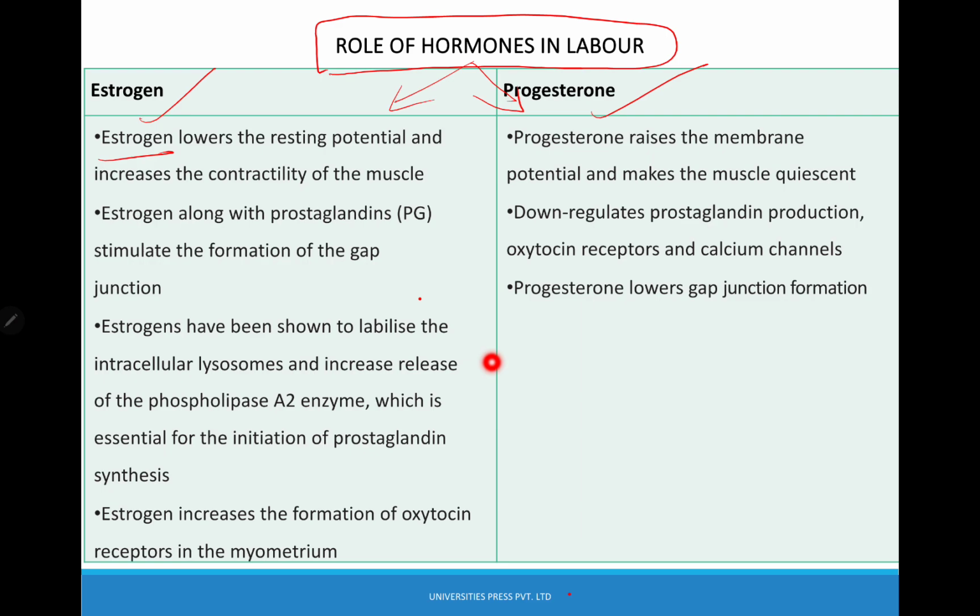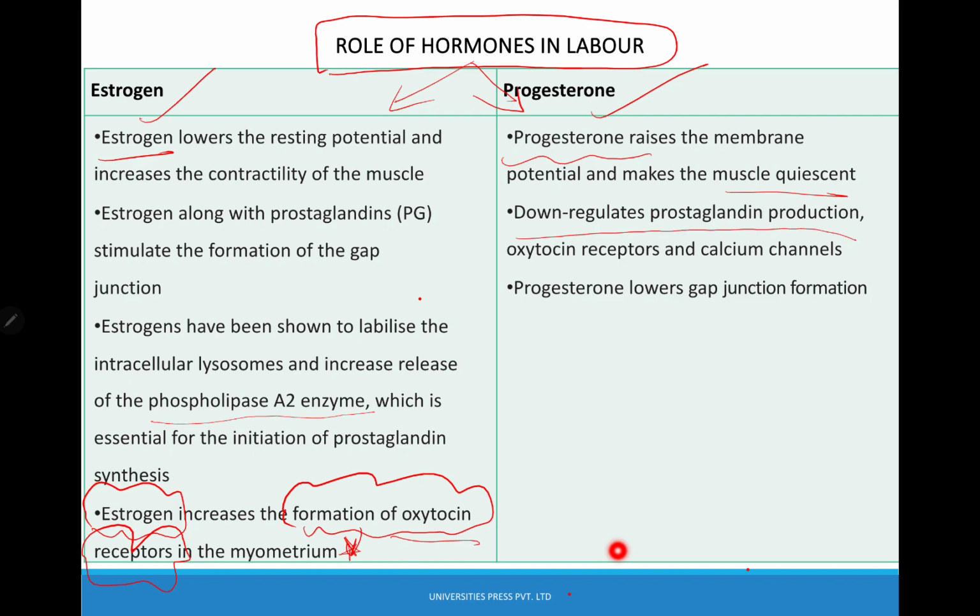Estrogens labilize the intracellular lysosomes and increase release of phospholipase A2 enzyme, which is essential for the initiation of prostaglandin synthesis. Estrogen increases the formation of oxytocin receptors in the myometrium. Coming to progesterone, it raises the membrane potential and makes the muscle quiescent.